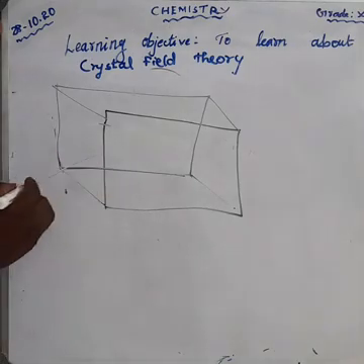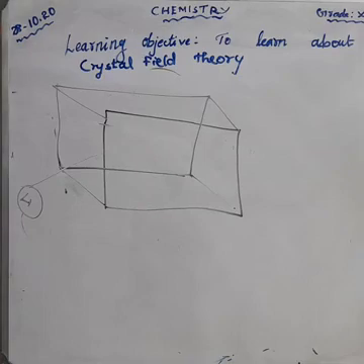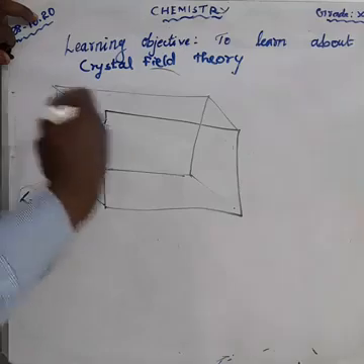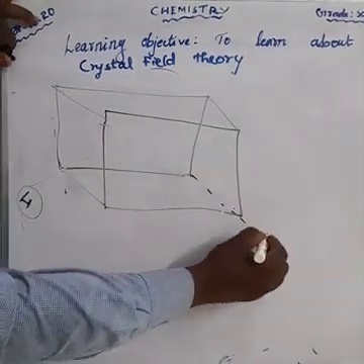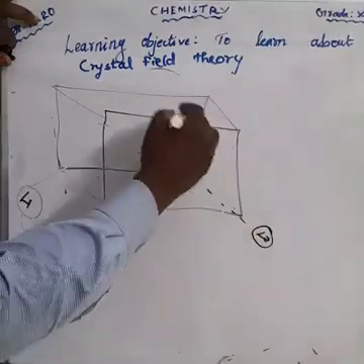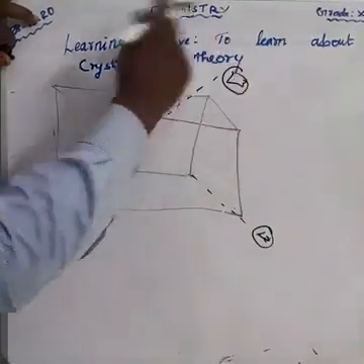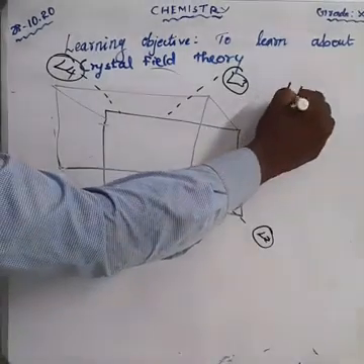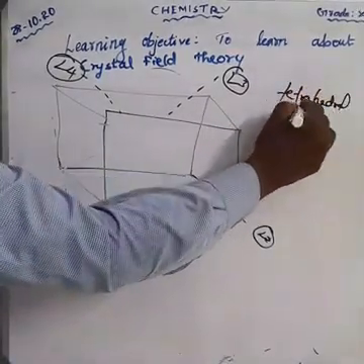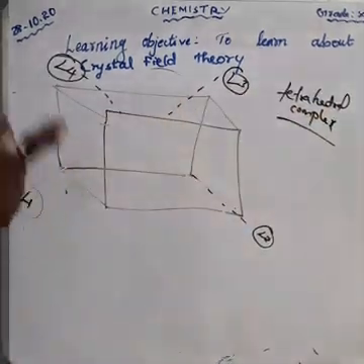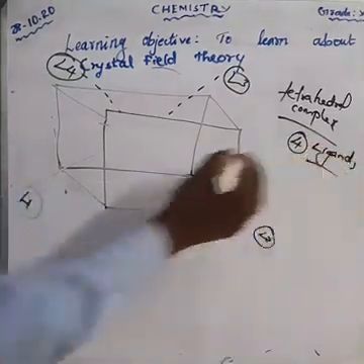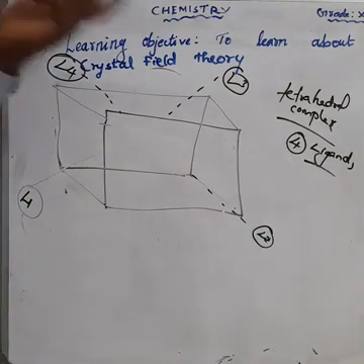The first ligand is L1, the second is L2, the third is L3, and the fourth is L4. So in the tetrahedral complex, 4 ligands approach the central metal ion. Don't forget that tetrahedral means 4 ligands and octahedral means 6 ligands.